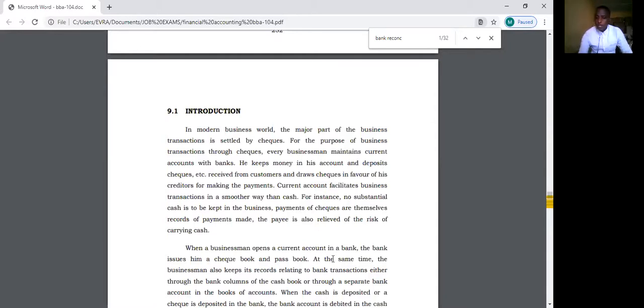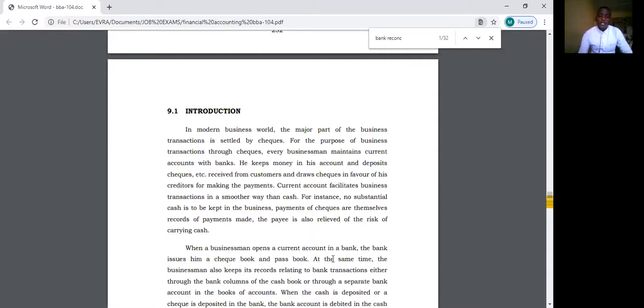When a businessman opens a current account in a bank, the bank issues him a checkbook and a passbook. At the same time, the businessman also keeps records relating to the bank transactions, either through the bank column of the cash book or through a separate bank account in the books of accounts.